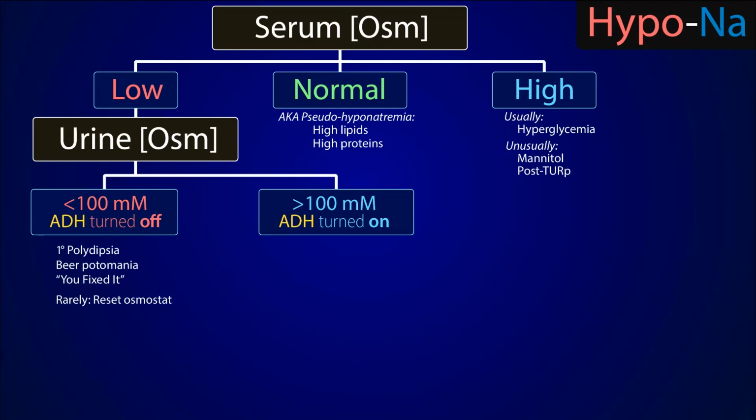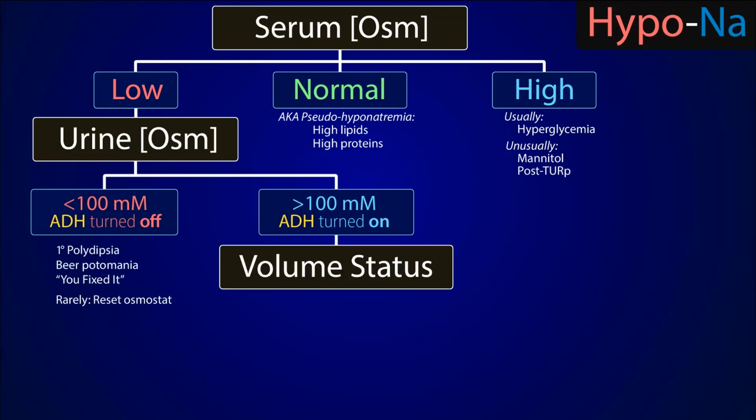Okay, but now we have this other category. When we get the urine osmolarity and we see that it's elevated, we say, wow, despite this patient's hyponatremia, which normally we'd expect to turn off ADH, ADH is turned on for some reason. When we want to break those into categories of the times that ADH is turned on despite having low serum osmolality, we do this by volume status.